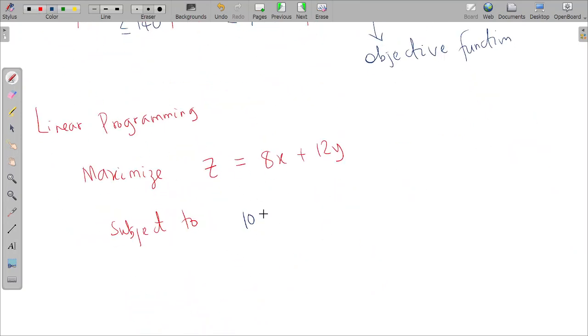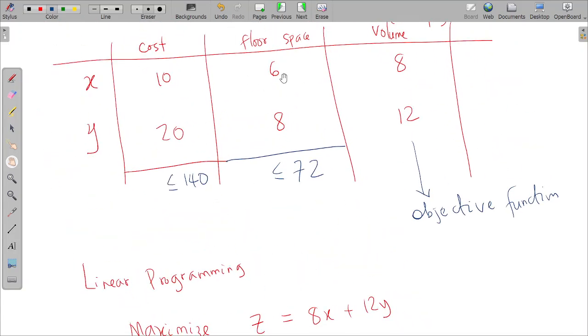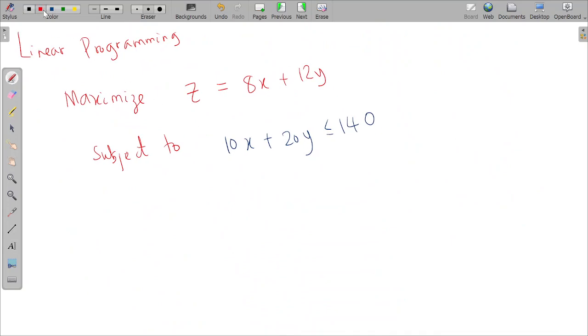So we have 10x plus 20y less than or equal to 140. And then for this one, 6x plus 8y less than or equal to 72. Okay, this is our linear programming formulation.